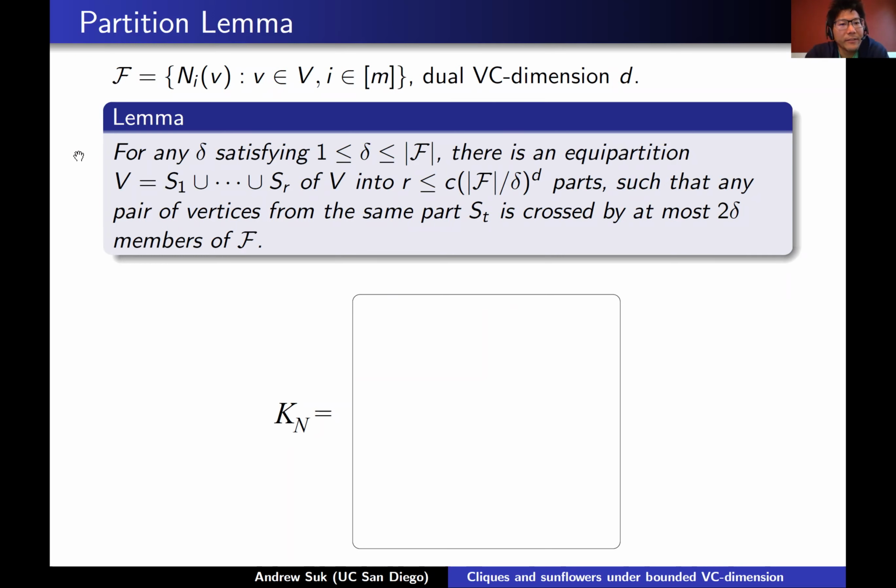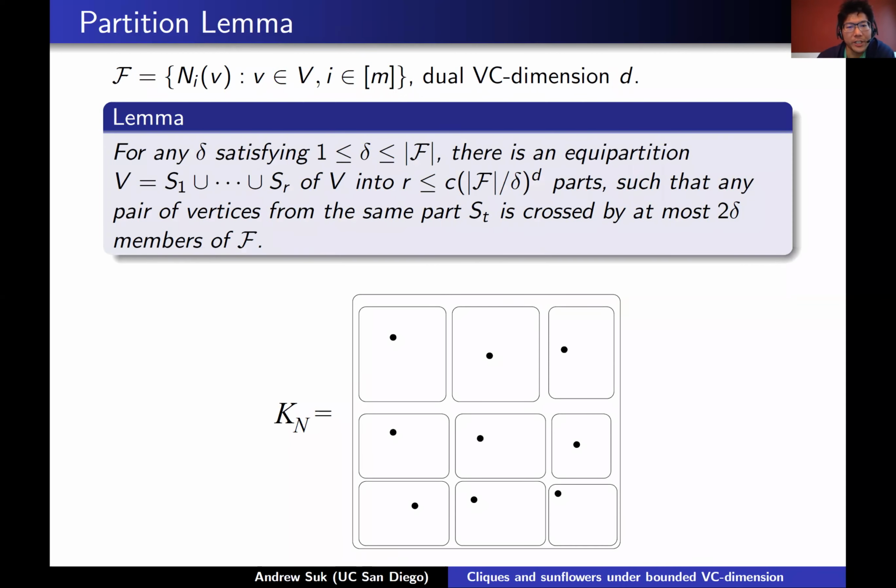And this lemma says that for any delta between 1 and |F|, you can equipartition your vertex set into R parts, where R is not going to be too big, such that for any pair of vertices in the same part, like these two red vertices here, very few sets from my set system will cross that pair of vertices. So at most 2 times delta sets will cross any pair of vertices that lie in a single part.